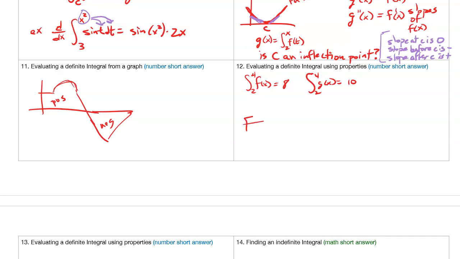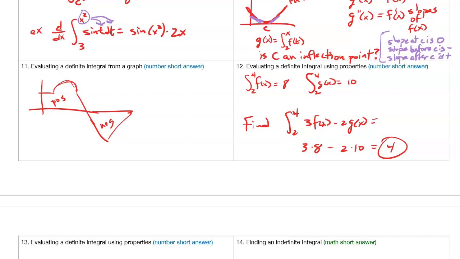And you might be asked to find the integral from 2 to 4 of 3 f of x minus 2 g of x. So by using properties, you would know that the subtraction means we can evaluate them separately, and you would know that the times 3 and the times 2 can be done separately. So this is as simple and straightforward as 3 times 8 minus 2 times 10.